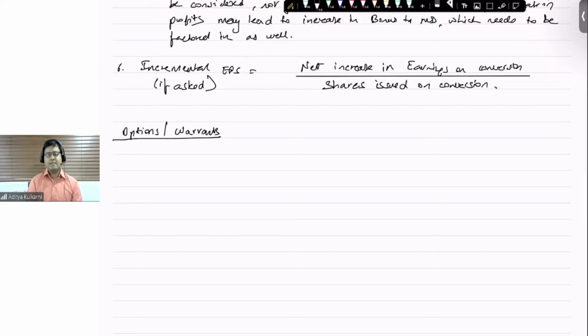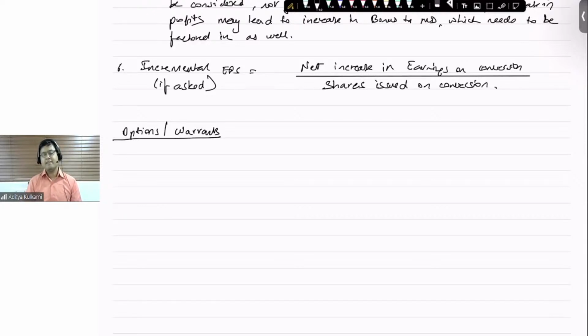So for the options, if 100 shares were given whose exercise price is 25, I'm going to get 2,500 rupees, but the market price is 40. So since I got 2,500, 63 shares is the fair value of the consideration received. So out of 100, 63 is at fair value.